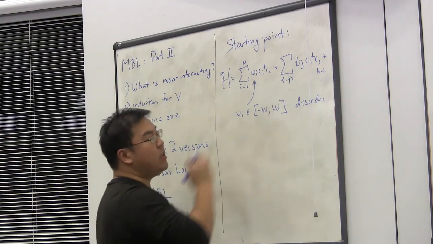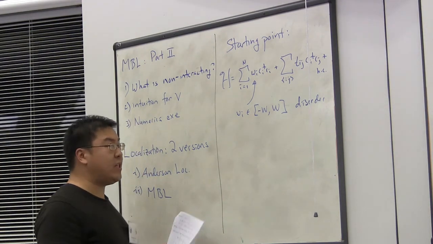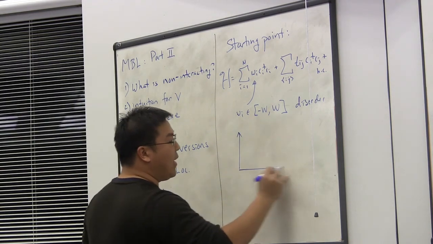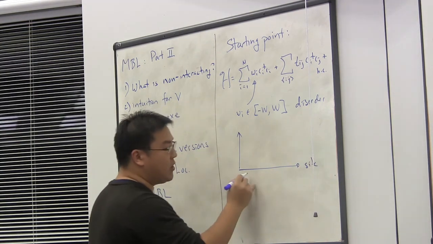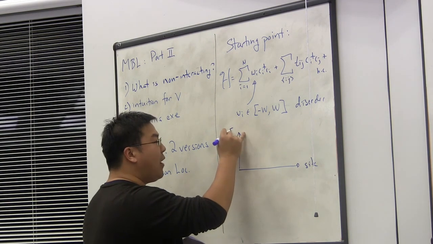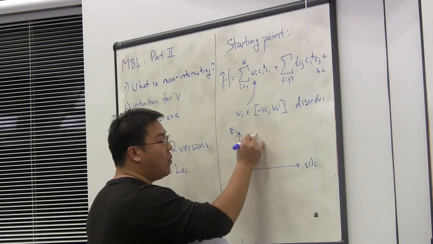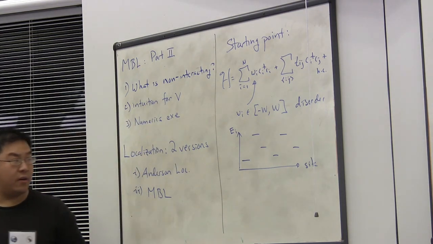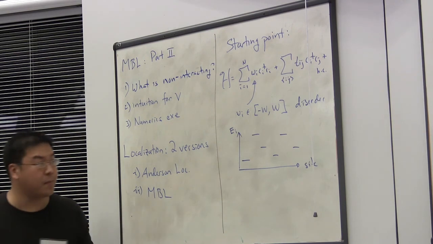Here we've chosen a distribution that is uniform and centered at 0, between negative W and W. And if we think about the intuition, as a function of the number of sites, for example site 1, 2, 3, 4, 5, if we plot the energy of that site, omega_i, we naturally get situations where the energies are very different from each other because they're chosen from a particular disorder distribution.